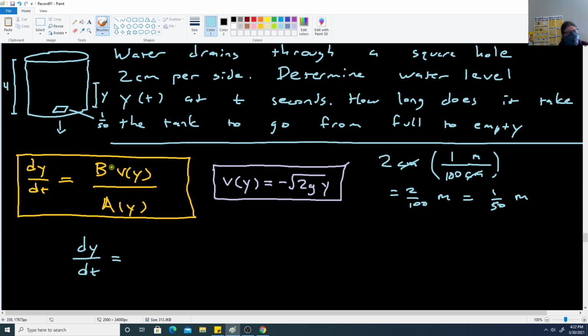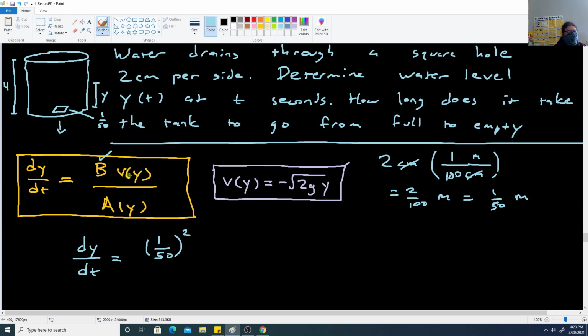This is going to equal B, which is the area of the hole in the bottom of the bucket. Each of those sides is 1 over 50. So we could say 1 over 50 squared would be the area of the hole in the bottom of the bucket. That is substituted in for B.